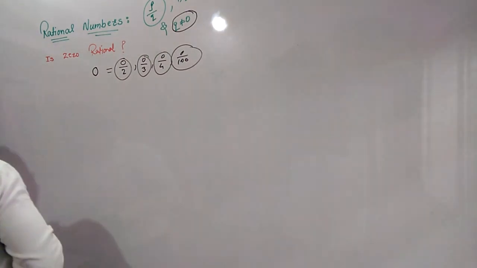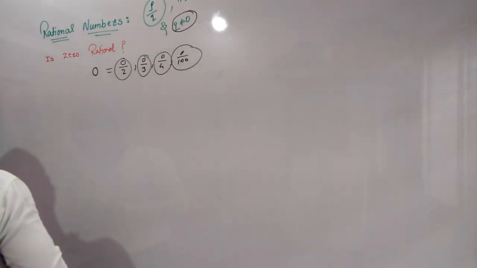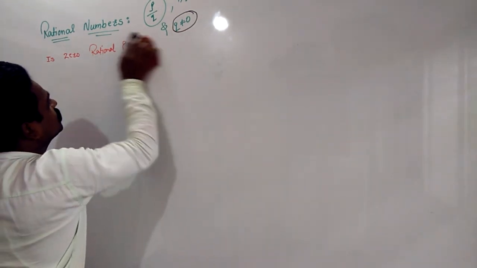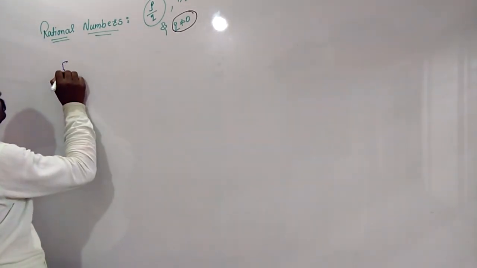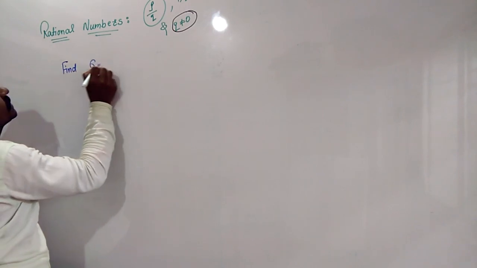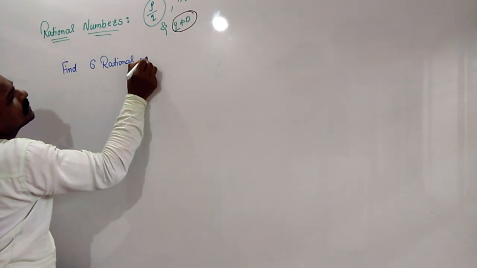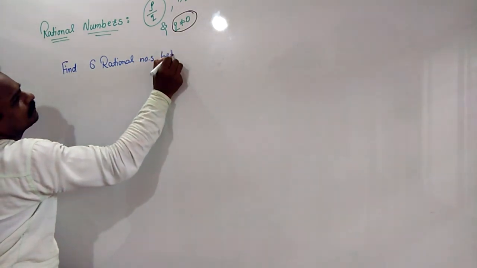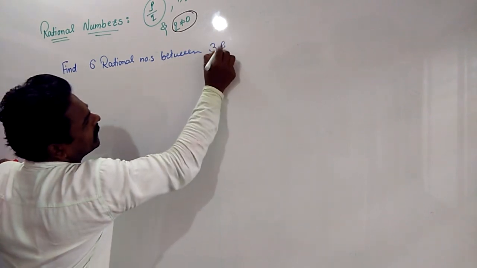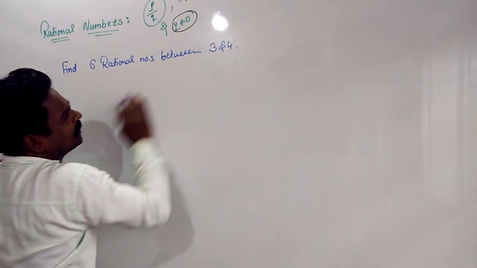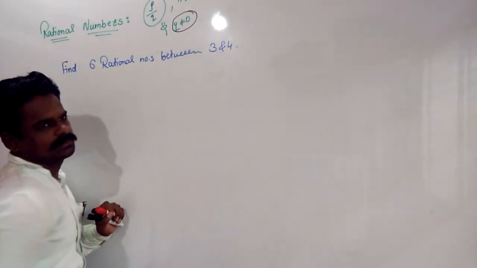Second question. The second question is like this: find 6 rational numbers between 3 and 4. We know how to find a few rational numbers between two numbers.